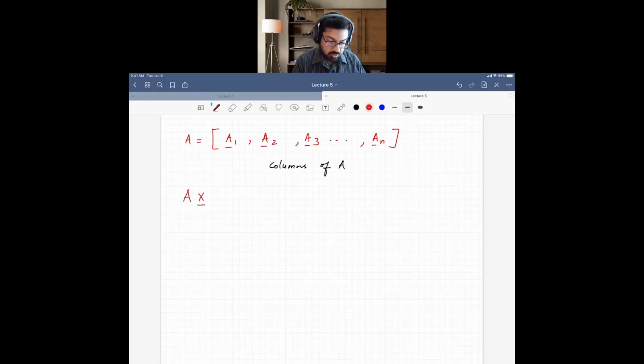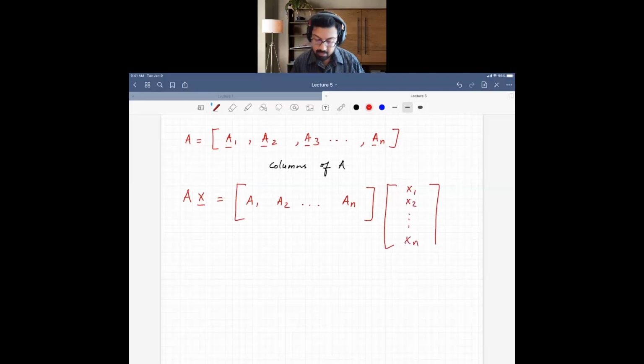I have those columns A1, A2, up to AN, and I'm multiplying that with X. That's my AX. And this can be written as X1 A1 plus X2 A2 plus and so on up to Xn AN. These are all column vectors of A.